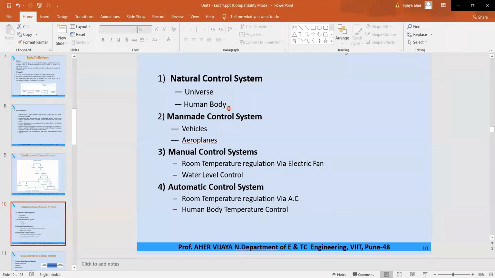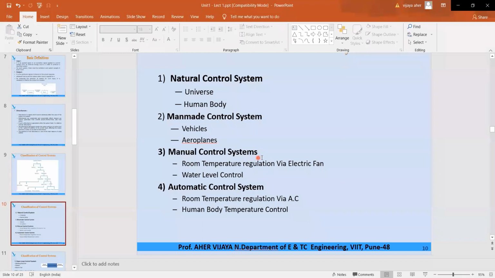Man-made control system. Vehicle is nothing but a man-made control system. Vehicles, aeroplanes are man-made control systems. So many man-made systems are there, but I have given two examples of each type: vehicles and aeroplanes, for your understanding only.